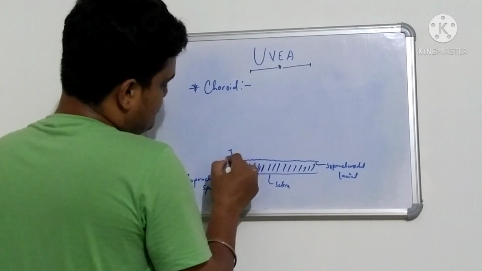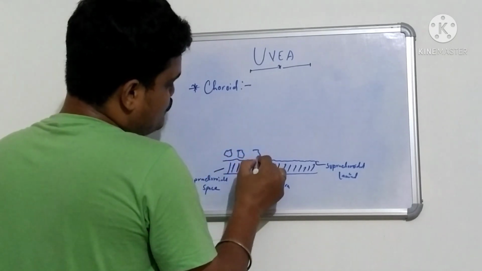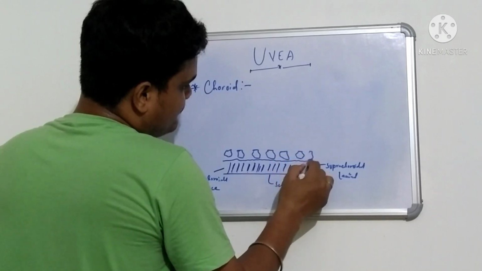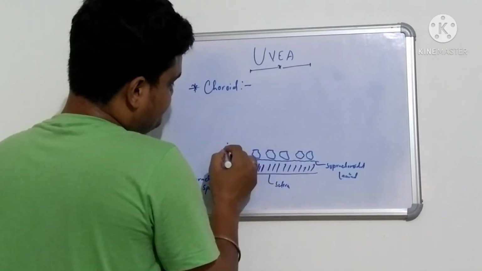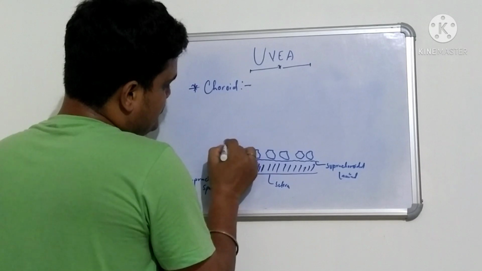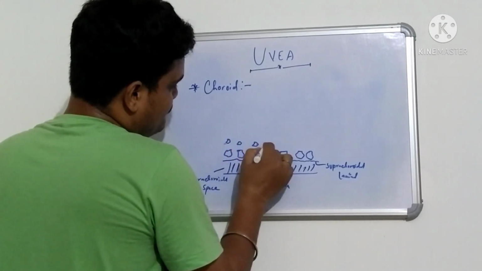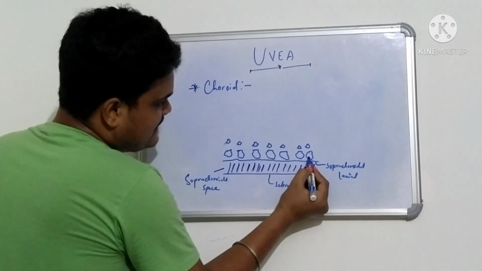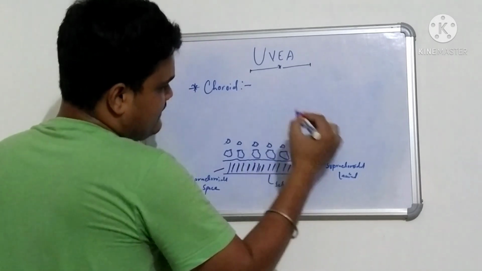Now the second part is the stroma of the choroid. The stroma of the choroid will contain two types of layers. One is a big layer and another one is a small layer.